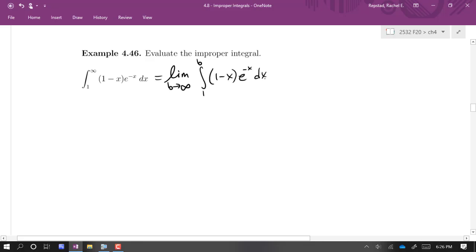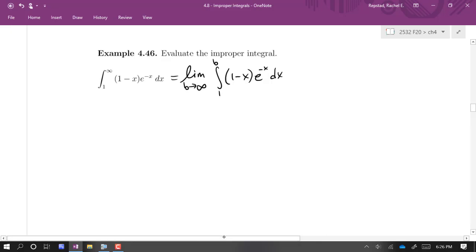But what's involved in this process is being able to integrate this function. This isn't one of the basic forms that we know, like the 2 or 3 examples we just did. But we do have a technique, thinking back to what we learned in this section. We can use integration by parts on this integral.